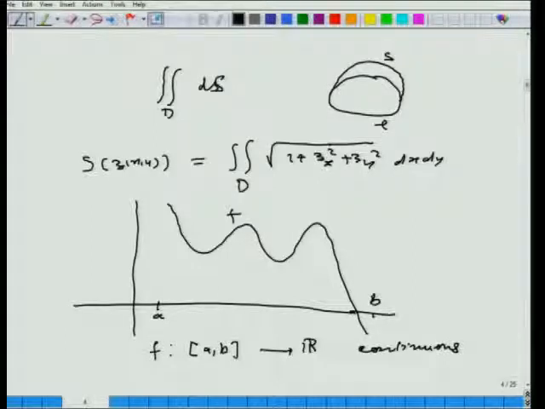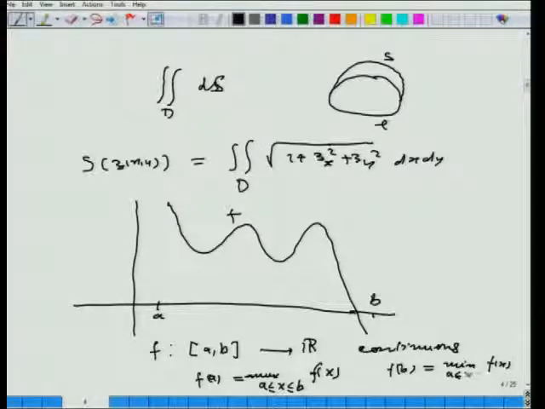We may like to have more smoothness on this function, like differentiability at all points in the interval a b. Here we can see that f(a) is the maximum of f(x) between A and B, and f(b) is the minimum of f(x). So f(a) is the global maximum and f(b) is the global minimum.